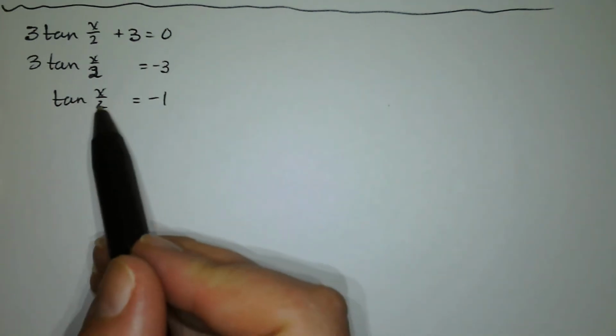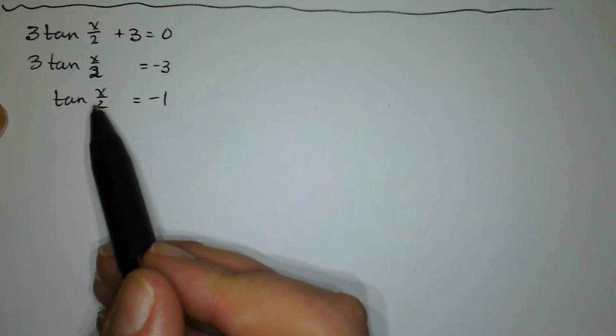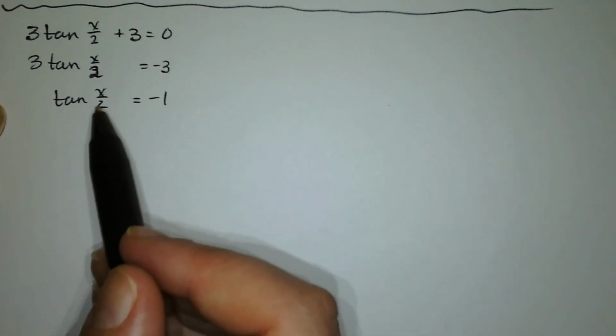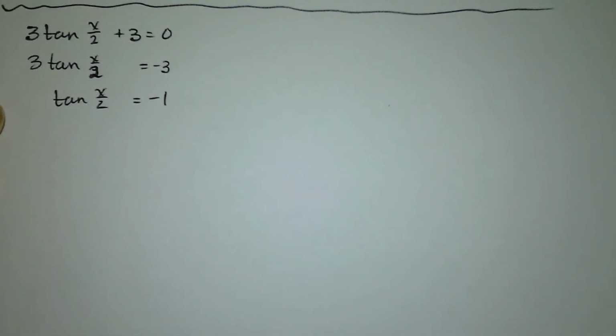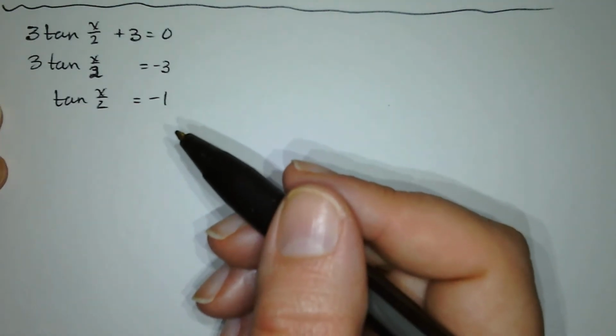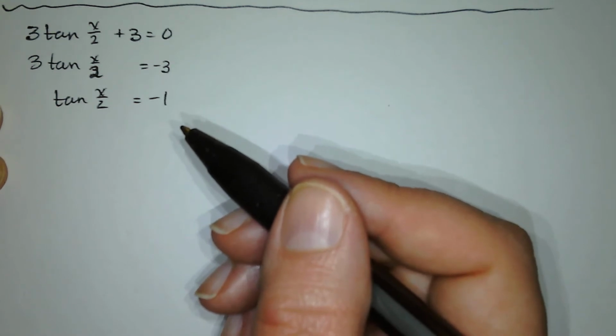Now, same thing up above. We cannot get rid of this 2 in its current form. We have to actually evaluate this tangent function and figure out what it is, and then get rid of that 2 after we're done. So, when is tangent equal to negative 1? Let's see, tangent is equal to -1 at 3 pi over 4.